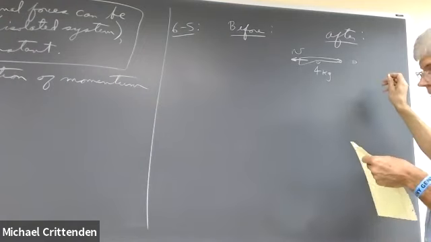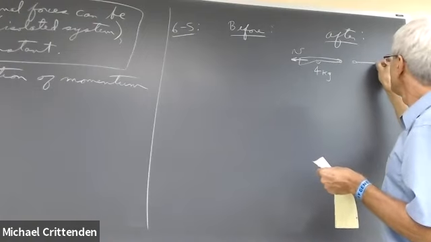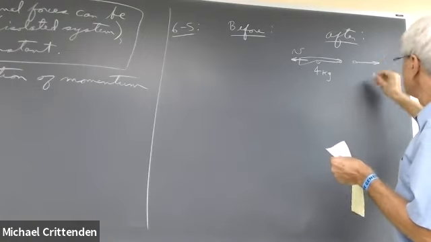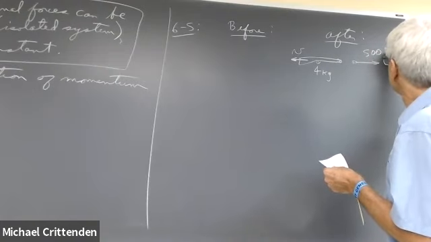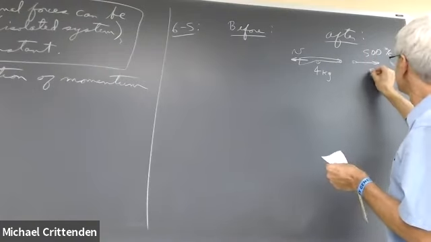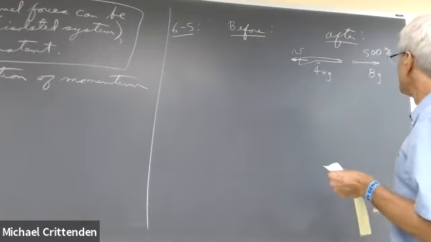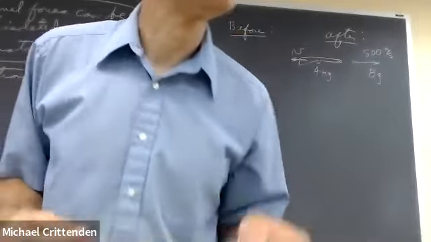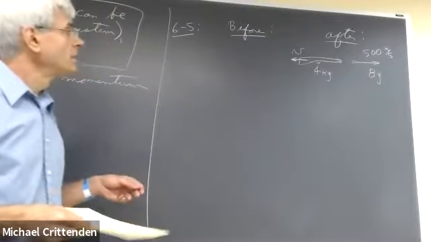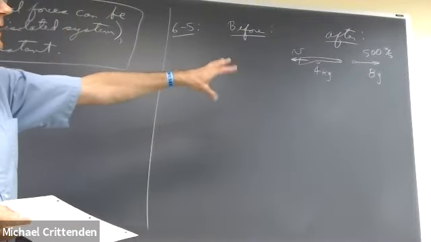There's the bullet, a few inches in front of the gun, going 500 meters per second. It's got a mass of 8 grams. So that's the situation afterward.